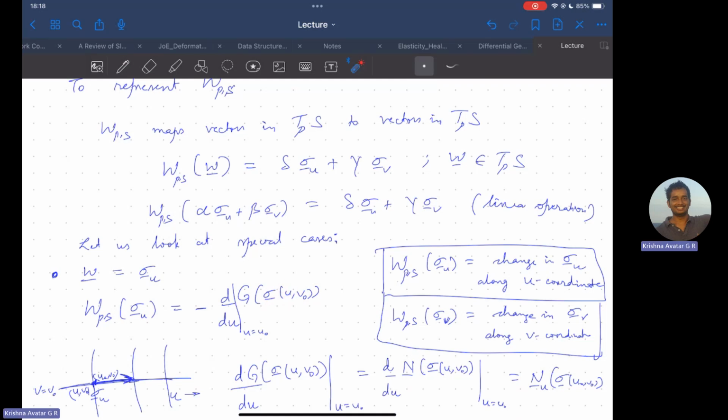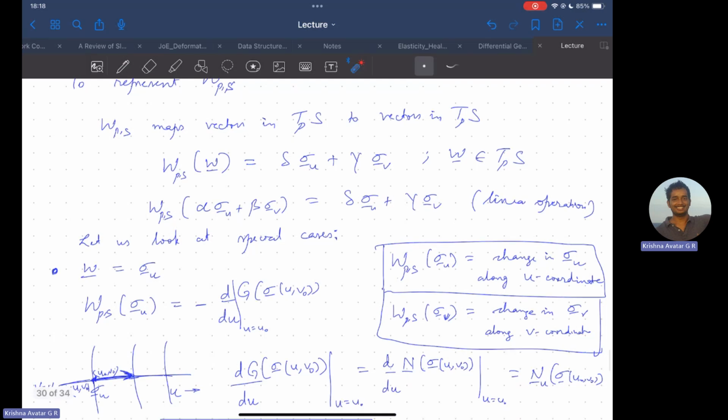We differentiate with respect to u and take its value at the point u naught, v naught. So operationally, it implies that W_P of sigma u gives us a change in the normal along the u coordinate, right? Likewise, W_P of sigma v gives us a change along the v coordinate.